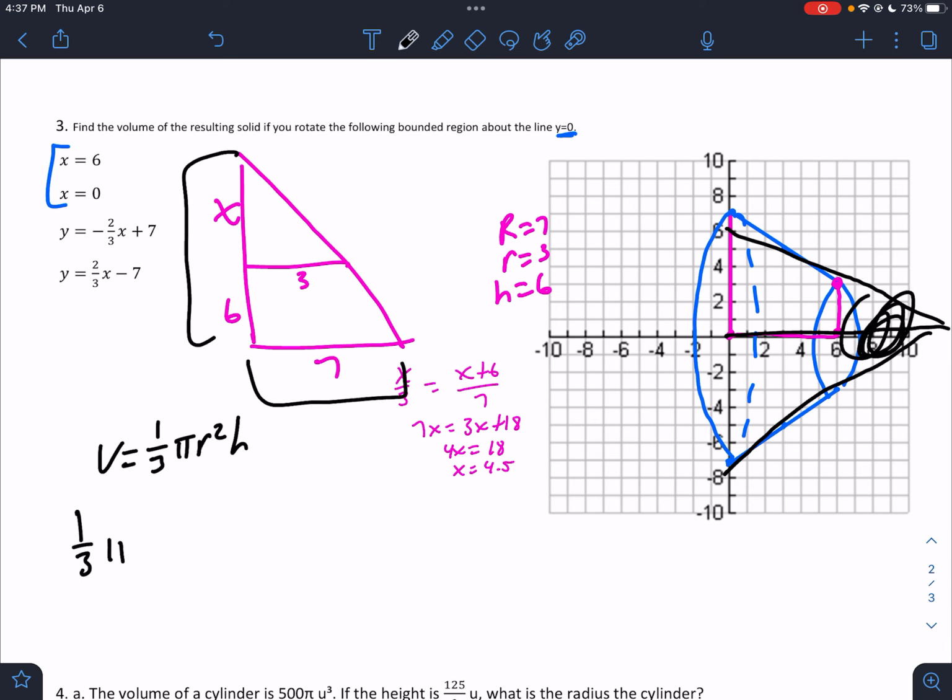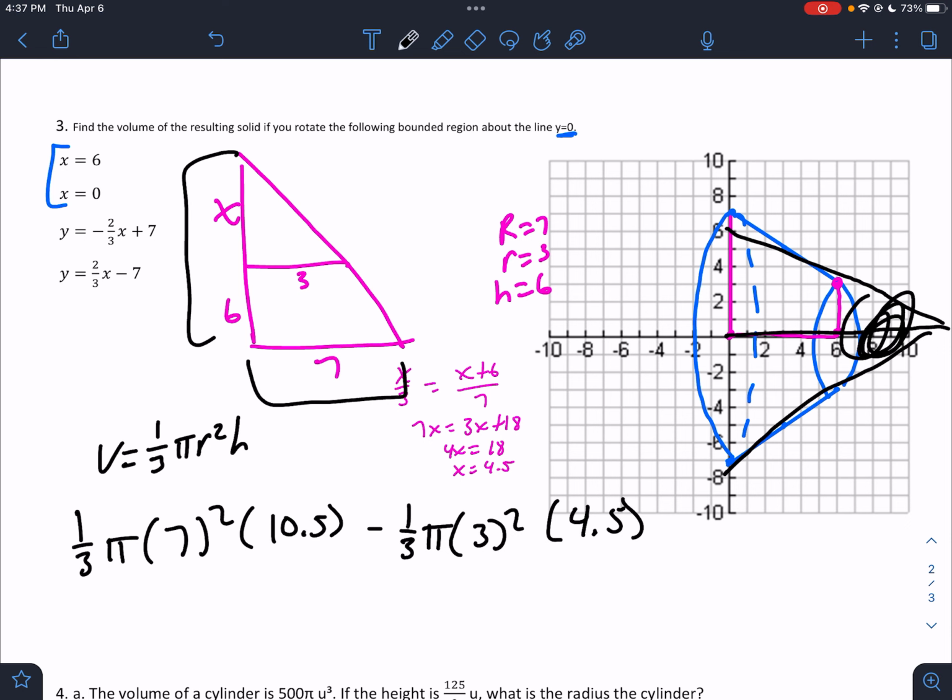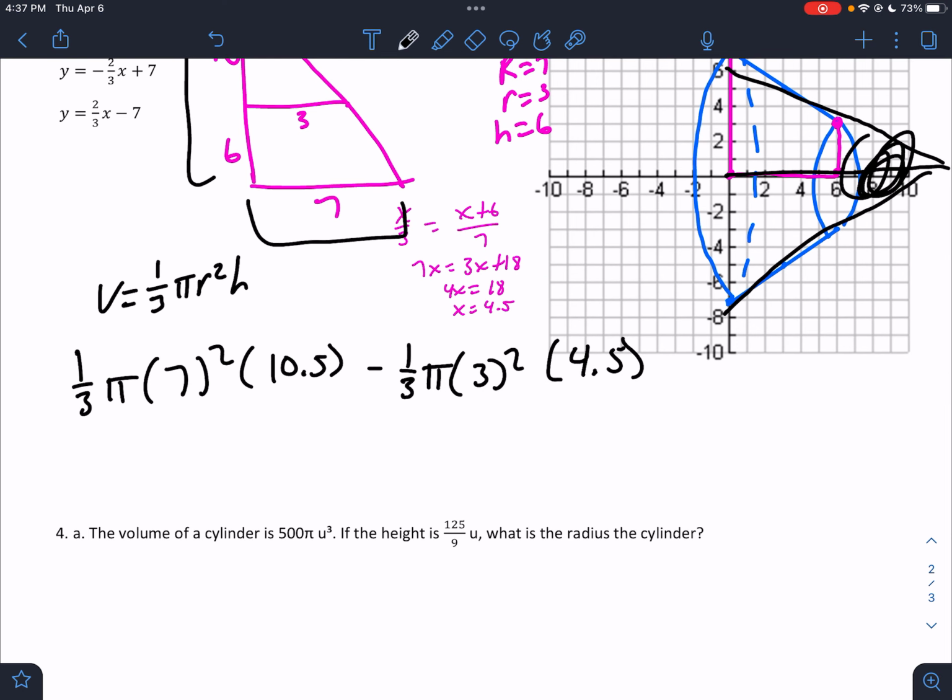So it's going to be 1/3 pi times big radius, 7 squared, times big height, 10.5, minus 1/3 pi times little radius, 3 squared, times little height, 4.5. I'm going to type that in. That would be 1/3 times 49 times 10.5 minus 1/3 times 9 times 4.5, and I get 158 pi.